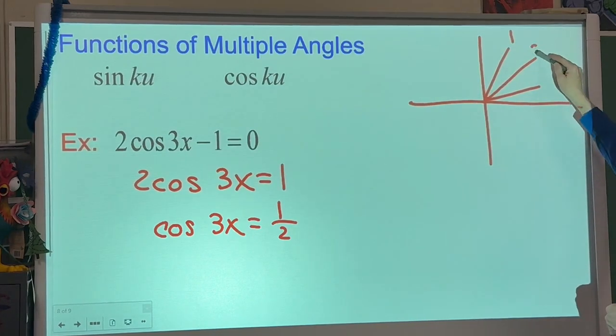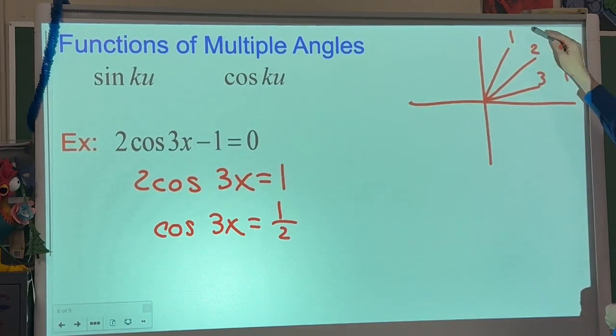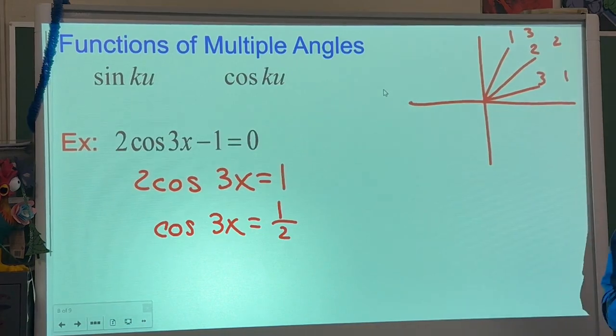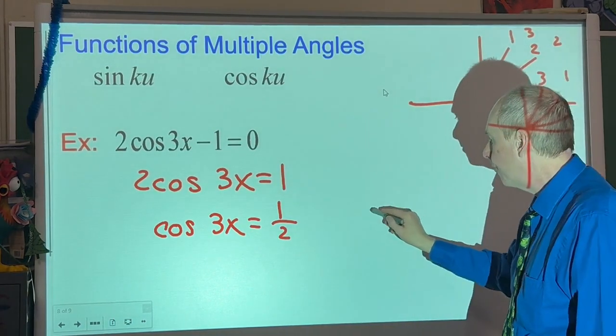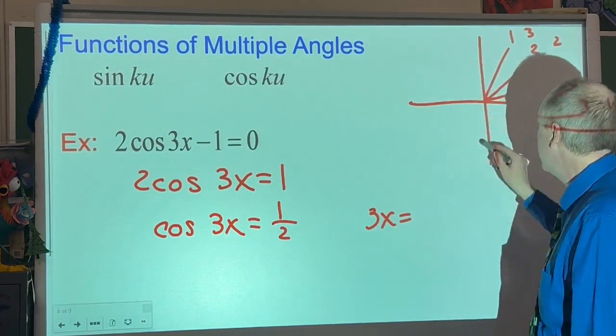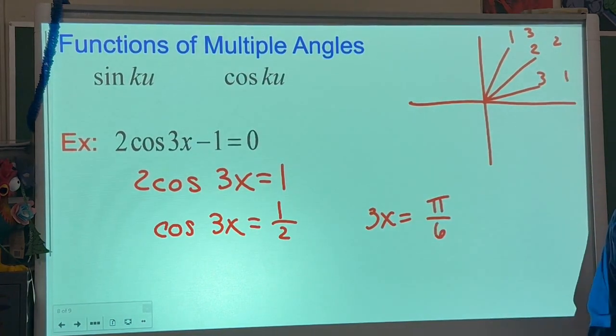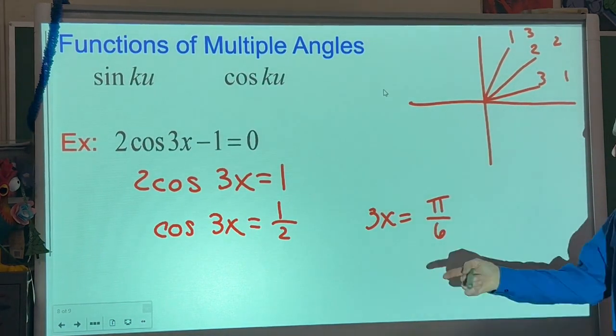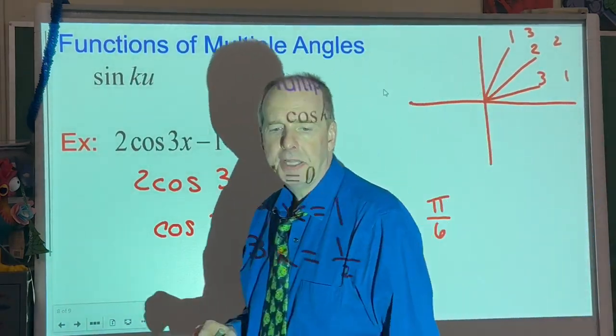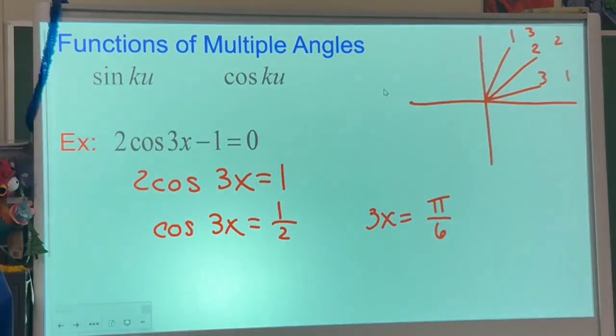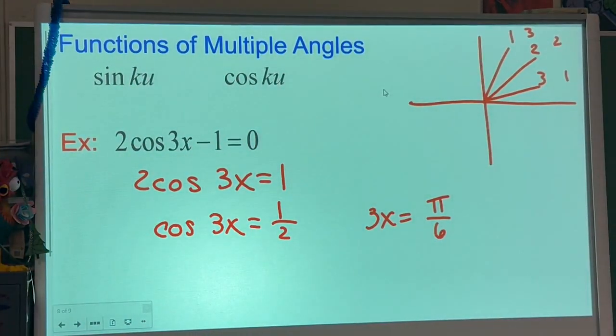Right? 1, 2, 3, 1, 2, 3. Cosine's the first one, right here at 60 degrees. So 3x equals 60 degrees, pi over 6. Not just x, but 3x. What would you do next? Well, do you have any other angles that cosine is going to equal 1/2?